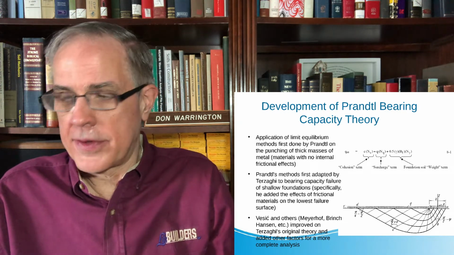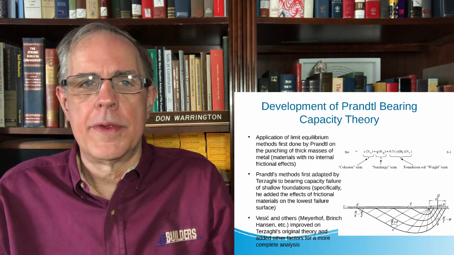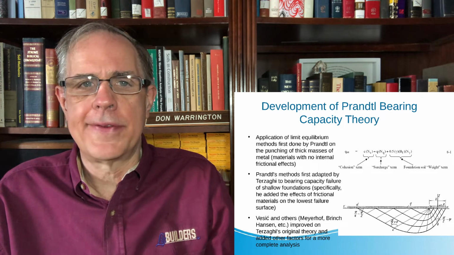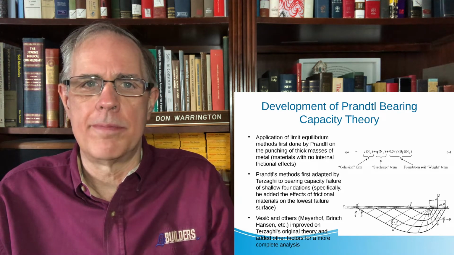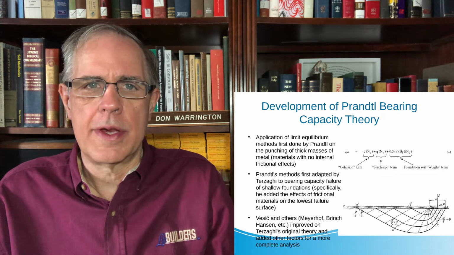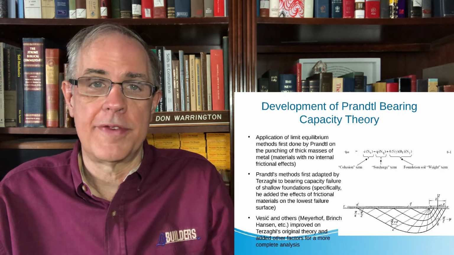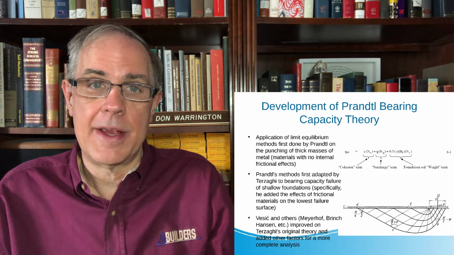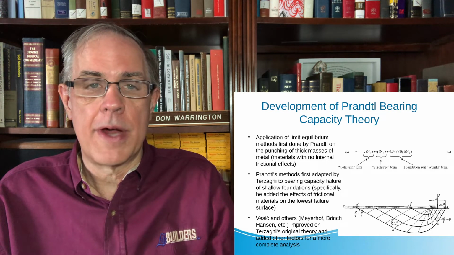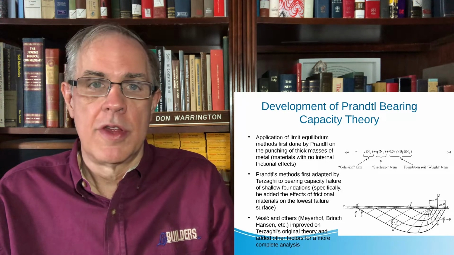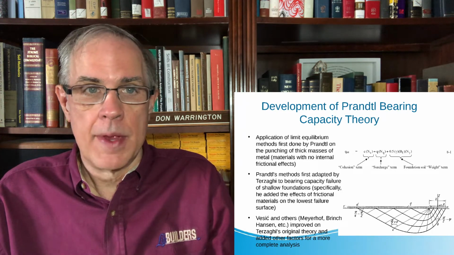On the upper bound side, the solution to this problem actually dates from about 100 years ago, when Prandtl, who is better known for his work in fluid mechanics and specifically in aerodynamics, developed this as a solution to the problem of a punch through metal.